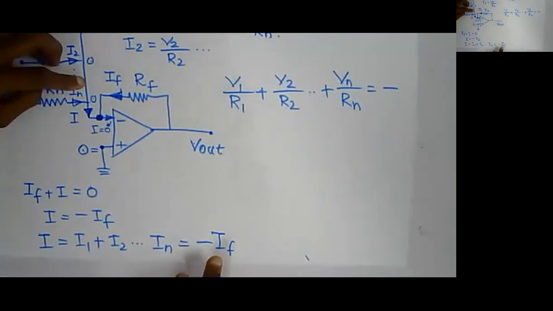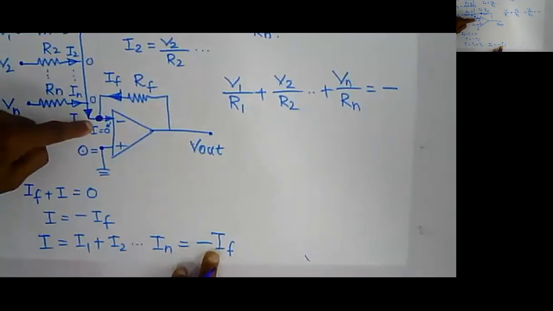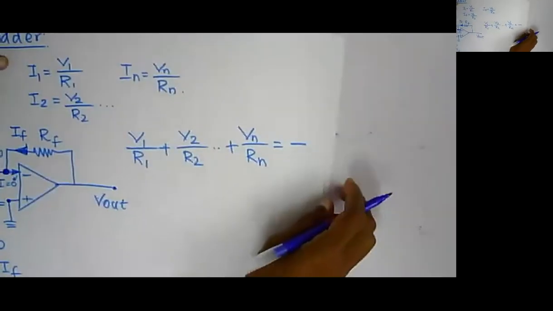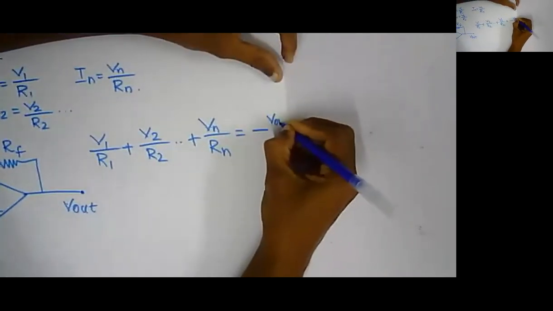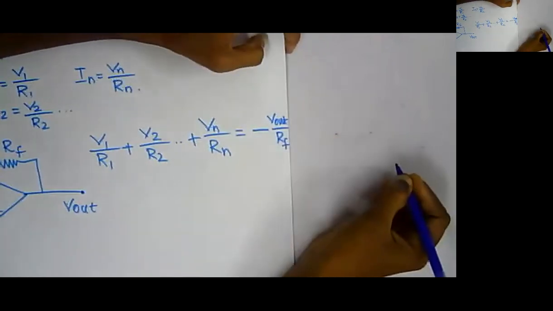What is my IF? IF will be V out minus 0 divided by RF, so minus V out by RF.